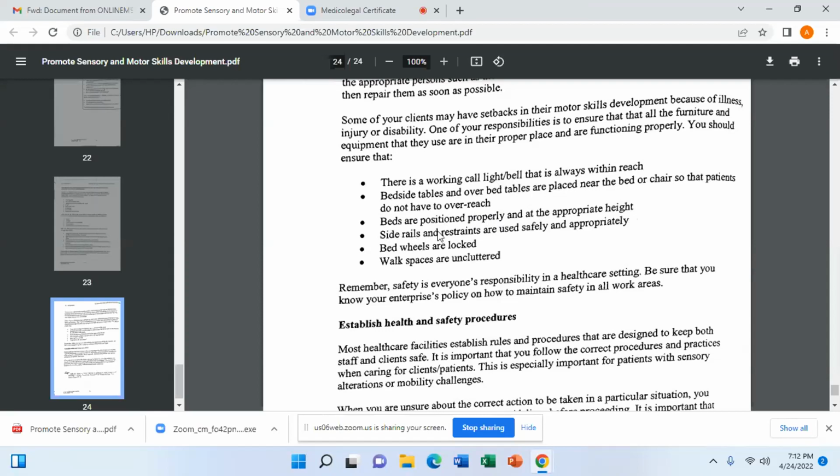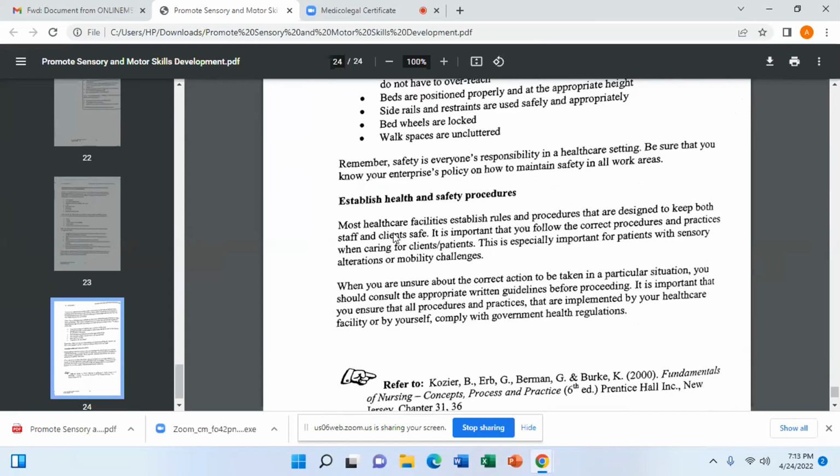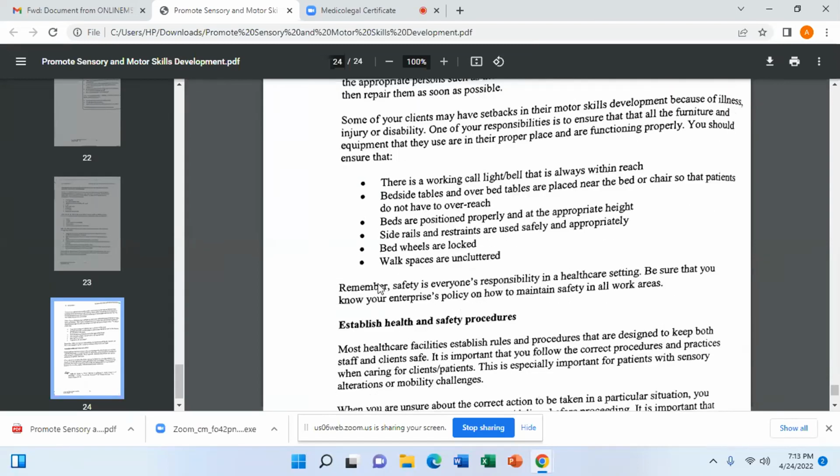And side rails and restraints are used safely and appropriately, only when needed. Not all the time you're going to restrain someone. And bed wheels are locked because the bed might roll away with the patient, and God forbid it rolls through the door and rolls down the staircase and rolls straight into the road. You can imagine that, eh? That would be a surprise.